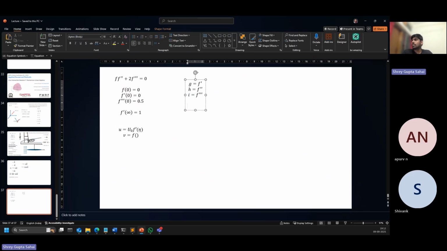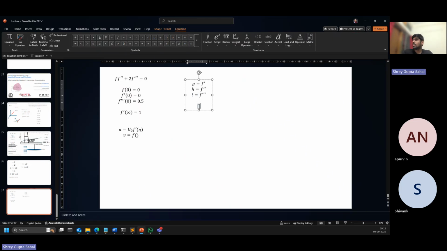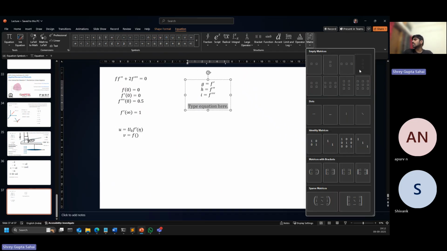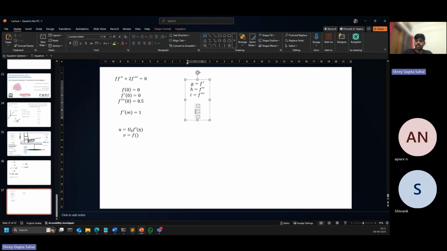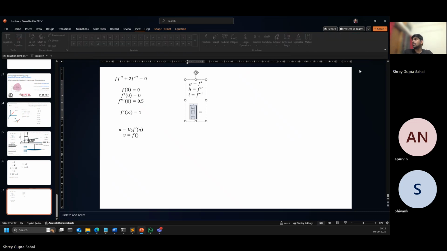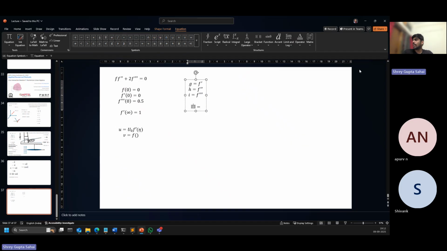Now that we know, can you write three first order equations? Essentially, I want to write x dot equals some function of x, where x is a vector.